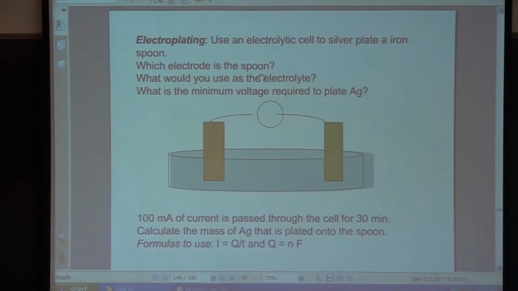So current, which is I, is equal to Q, which is charge, divided by time. Note that Q is in coulombs and time is in seconds. And then the second formula is Q, which is charge, equal to n, which is the moles of electrons, times F, Faraday's constant.